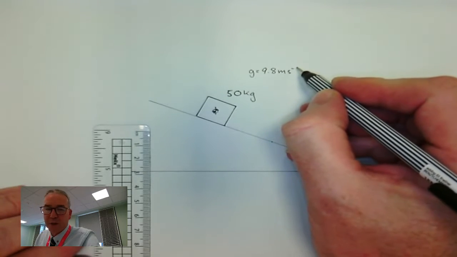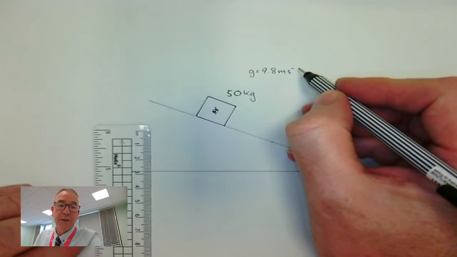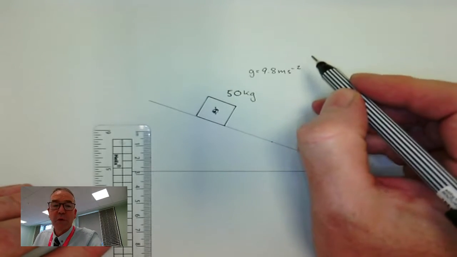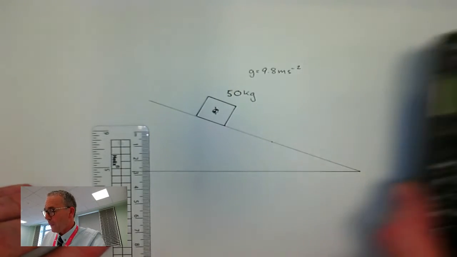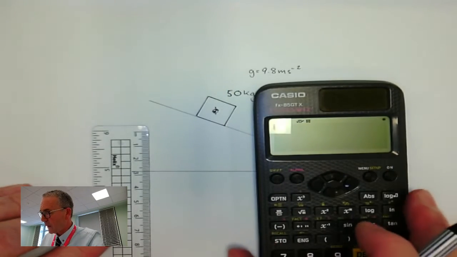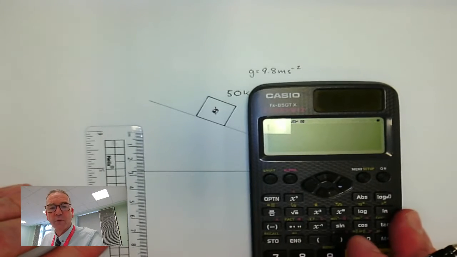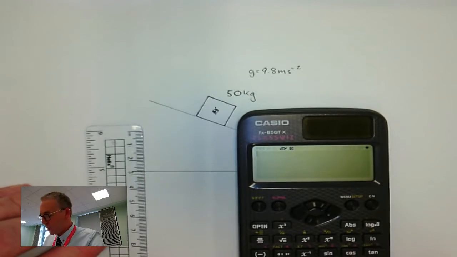Some people do simplify it to 10, which is a perfectly valid way of doing a rough estimate, but we won't do that today. We'll stick to the real numbers and get into the habit of working with those figures. So we've got 50 kilograms accelerating at 9.8 meters per second squared under gravity.